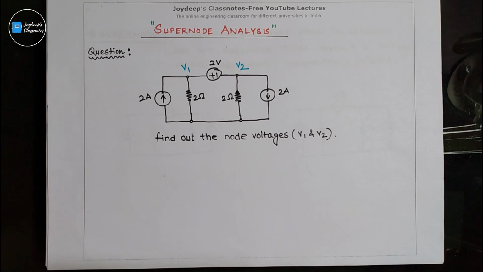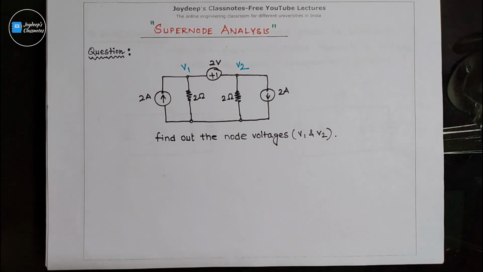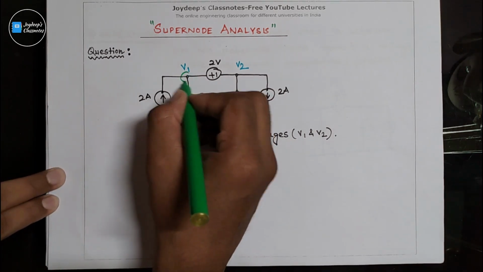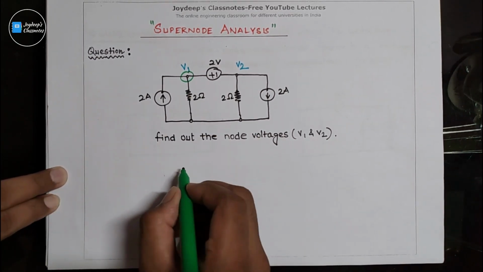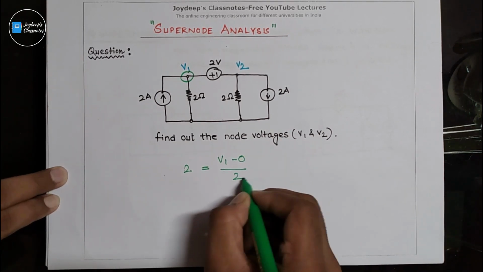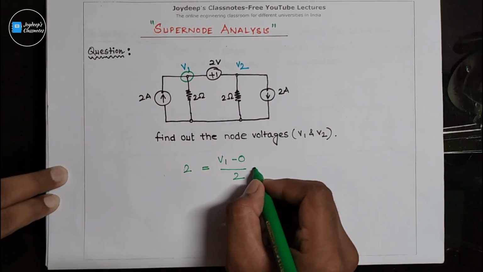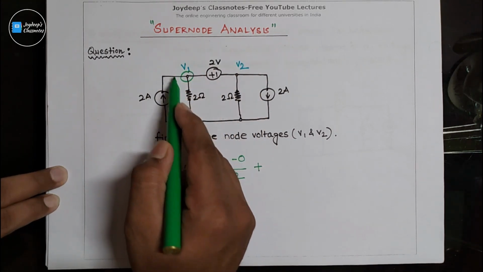Why? It's because KCL plays a very important role in nodal analysis, and to apply KCL, we need to know the branch currents. Let us try to find the branch currents in this question. If we write nodal equations for this node, it's 2 equals V1 minus 0 divided by 2, and then what?